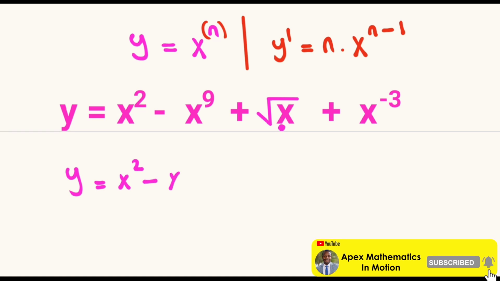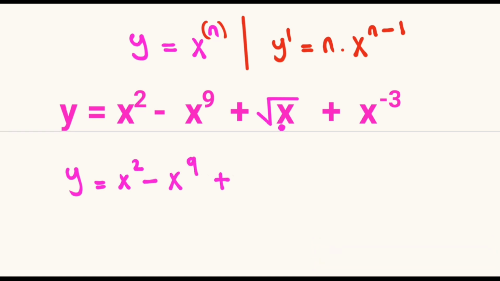We express it as x raised to the power half, and we have that plus x raised to the power negative 3. So the derivative of y will be equal to the derivative of x squared, which will take the exponent of x, which is 2.